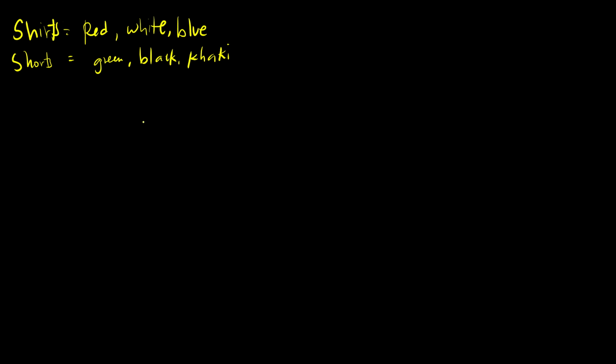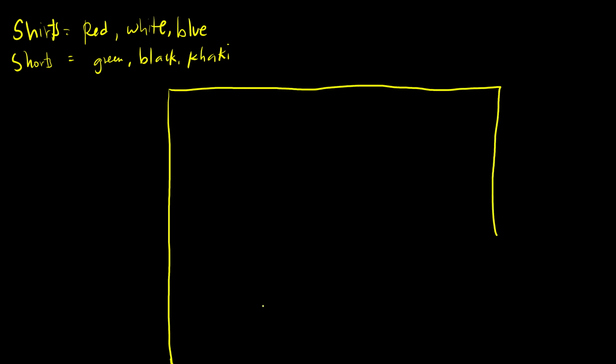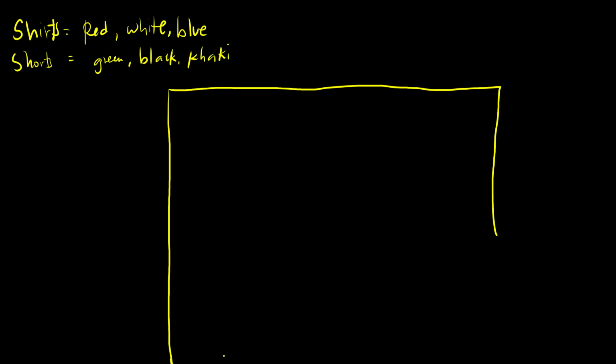So, if we will be making a tree diagram, ilang columns at rows dapat? So dapat ma-accommodate natin lahat yung shirts at shorts. So that means we need to have this table.